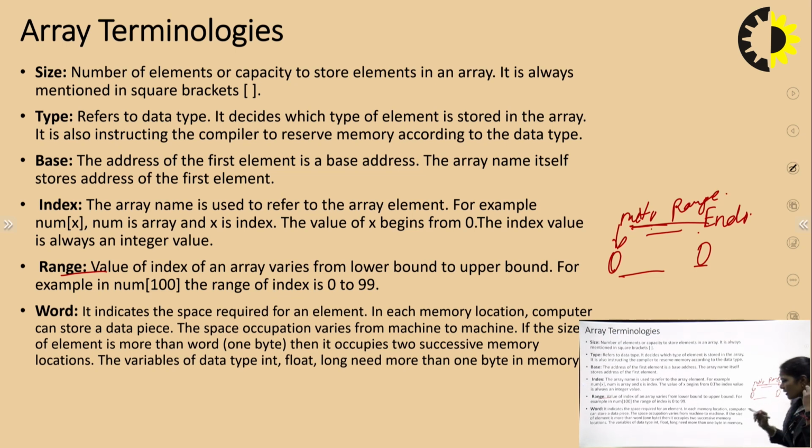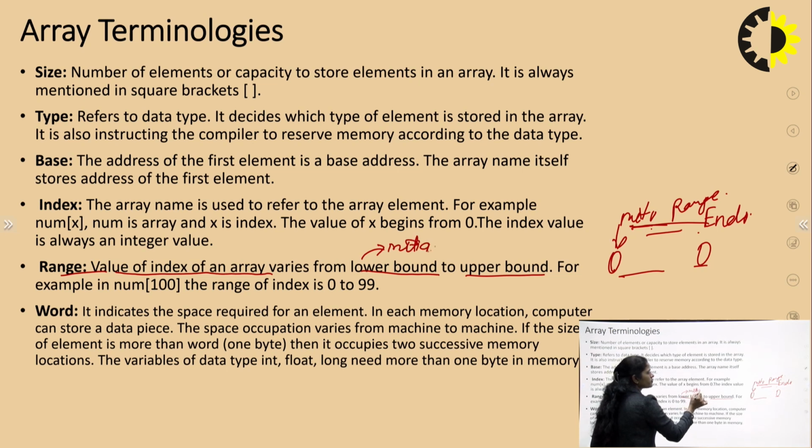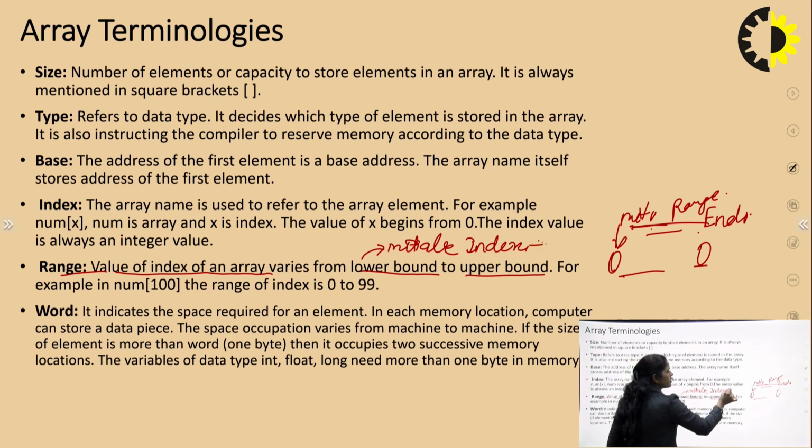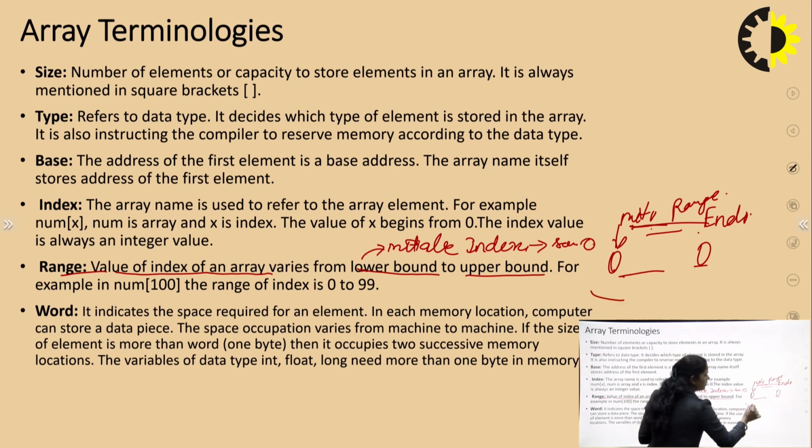So range is the size, or we can say the values of indexes of the array from lower bound to upper bound. The lower bound is the initial index point, which is 0.